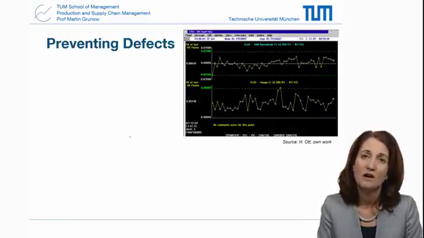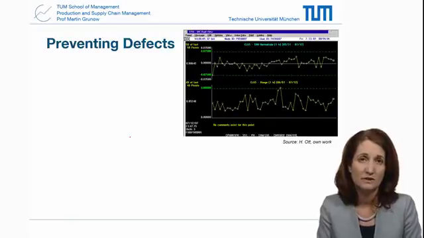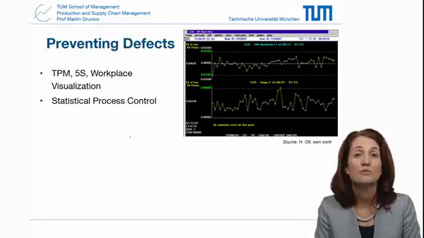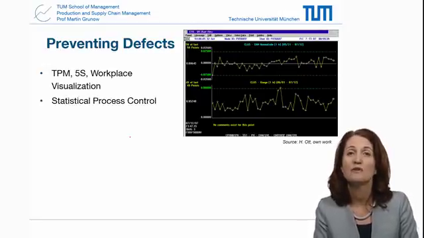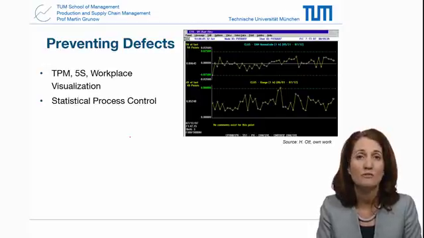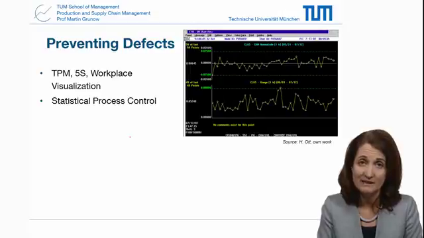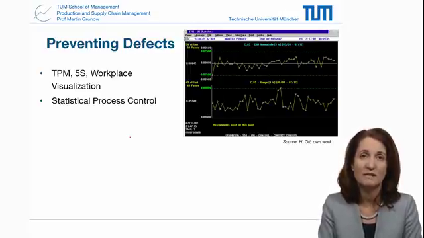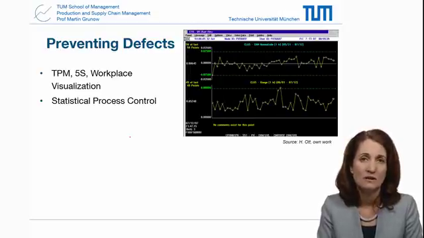Now, we've already covered other tools and methods used in lean production and Six Sigma to prevent defects. For example, total productive maintenance enables preventive maintenance. This then helps prevent defects due to equipment malfunction or breakdown. We looked also at 5S and workplace visualization, which helped to standardize the workplace, organize the workplace, so there's less room for misprocessing.